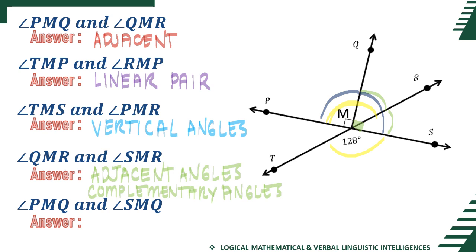That means we can identify the relationship as a linear pair. Again, it's a linear pair since they are both adjacent and supplementary. If your answer here is only supplementary or only adjacent, I will not consider it, because you are going to identify the general relationship that exists. Since they are both adjacent and supplementary, you need to identify that they are considered a linear pair.